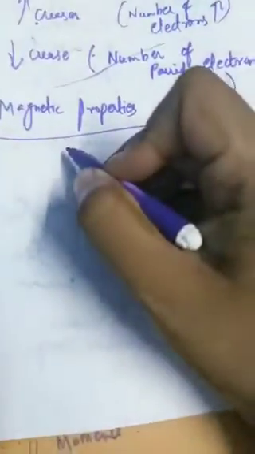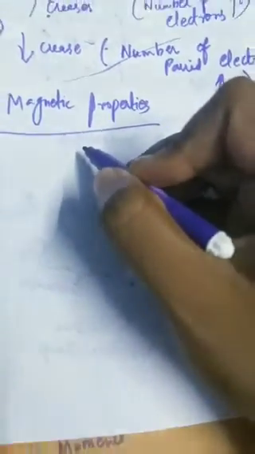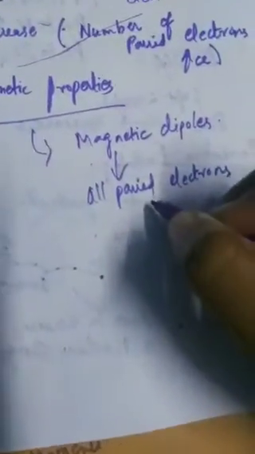So now we are going to see the magnetic properties of the d block elements. Magnetic properties depend upon the magnetic dipoles. If it has all paired electrons, it is called diamagnetism.